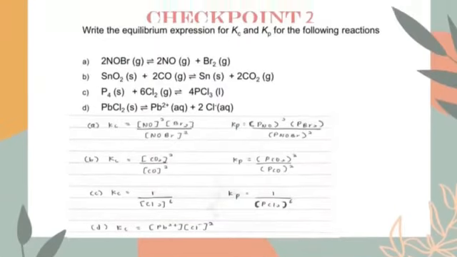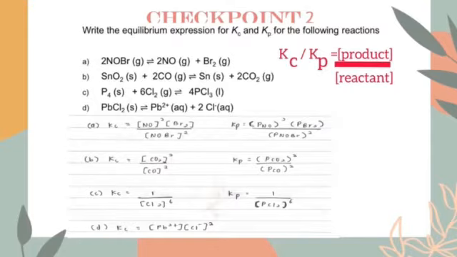For checkpoint number 2, the question states: write the equilibrium expression for Kc and Kp for the following reactions. For this question, we have to remember that the formula of the equilibrium expression for Kc and Kp is the same, which is the concentration or partial pressure of products over the reactants.